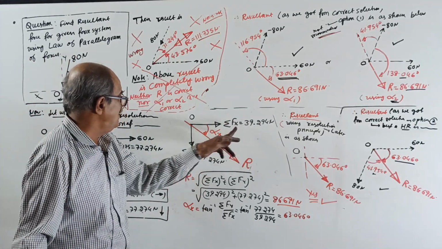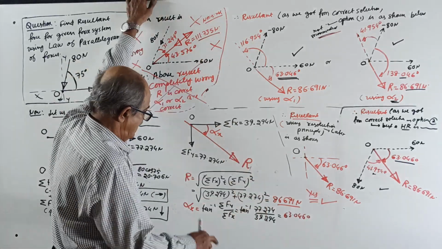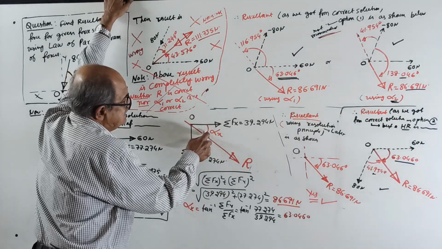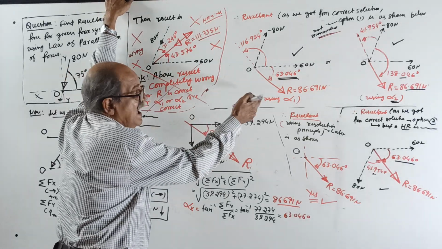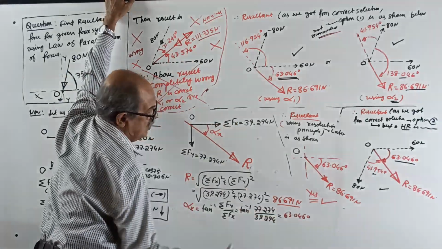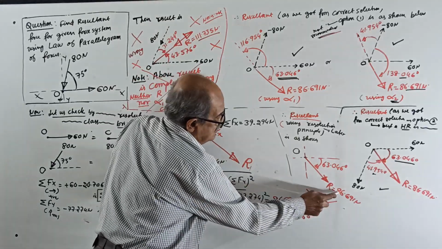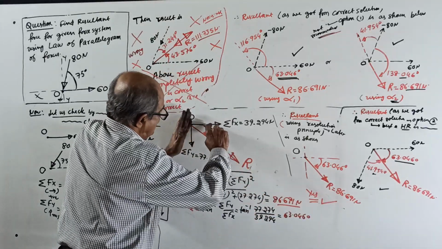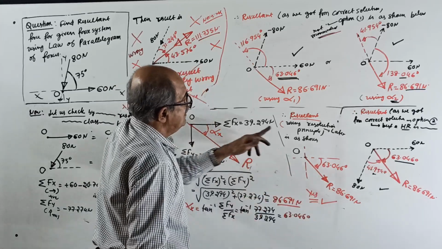So, sigma Fx square plus sigma Fy square gives 86.691 Newton, and the angle made with the x direction, alpha x, is tan inverse of Fy by Fx, opposite first, 63.045. Therefore, resultant is this way, 86.691 Newton. Angle from x is 63.046 degrees.